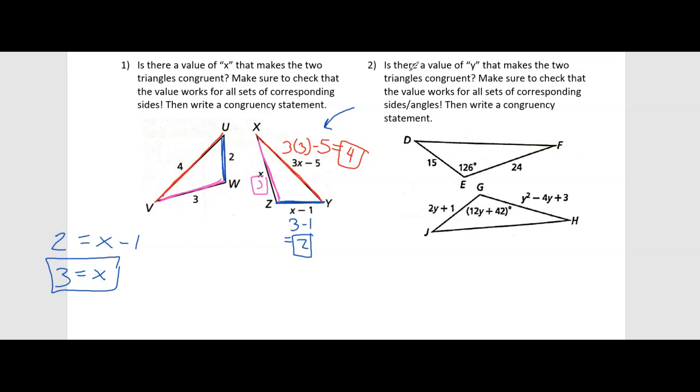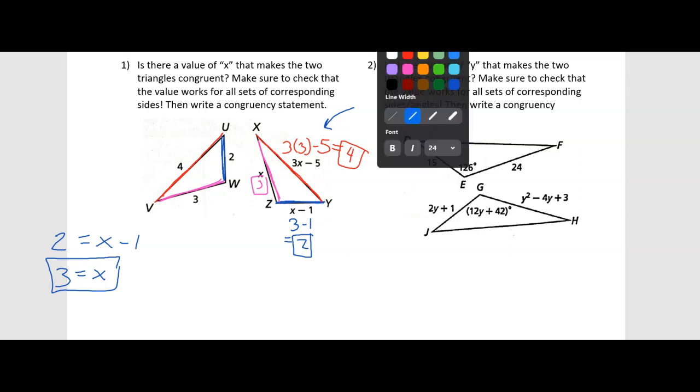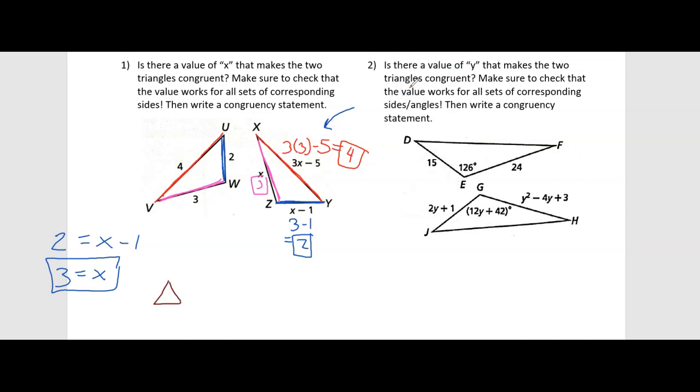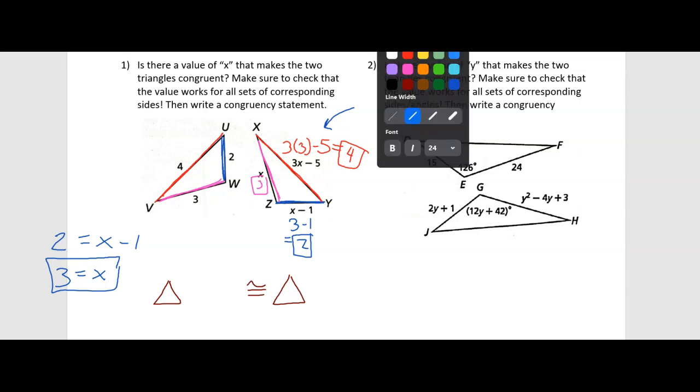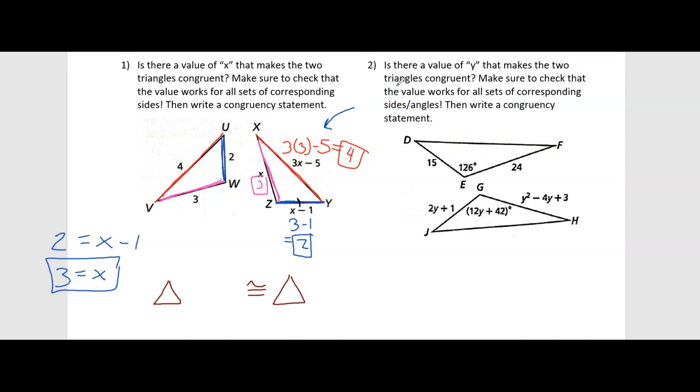Now we have to write a congruency statement. So I need triangle something something something is congruent to triangle something something something. Well, we don't have any angles given, right? We can't just match up the arcs. So we're going to have to match up the sides. Now I'm going to put some tick marks on here for the corresponding sides to make it a little easier for us.